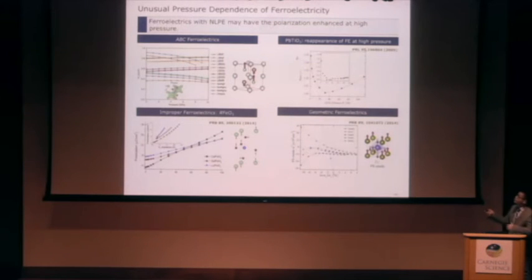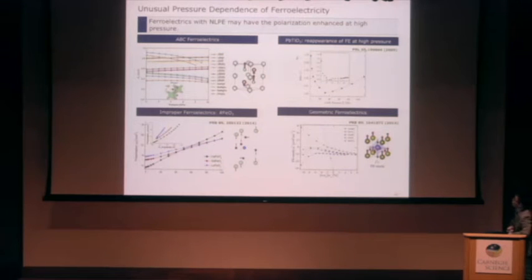I also would like to put our work in a bigger context. In the literature, people talk about pressure-enhanced ferroelectricity from time to time. I believe a lot of you are familiar with this work on lead titanate. In this paper, it was proposed, it was claimed that the ferroelectricity will reappear above some critical pressure.